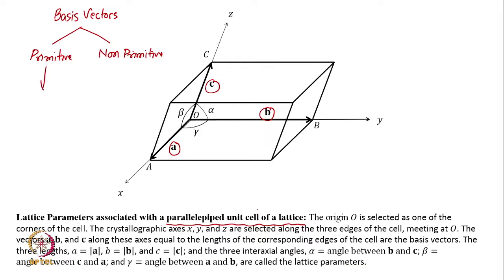If we make a parallelopiped out of primitive basis vectors, we get a primitive unit cell. If we make a parallelopiped out of non-primitive basis vectors, we get a non-primitive unit cell.